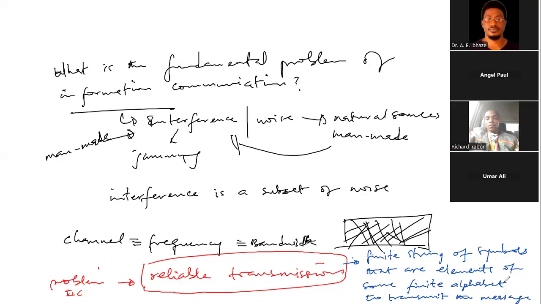And this alphabet is what we call the finite field. The alphabet is called the finite field. So when we talk about reliable transmission, then what should come to mind is finite fields. Does that make sense?